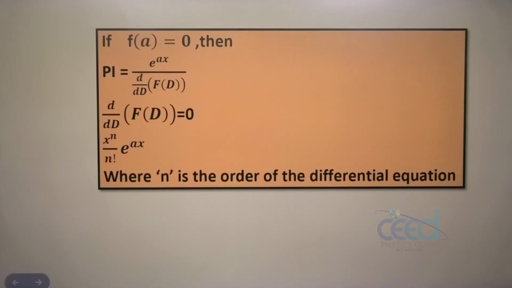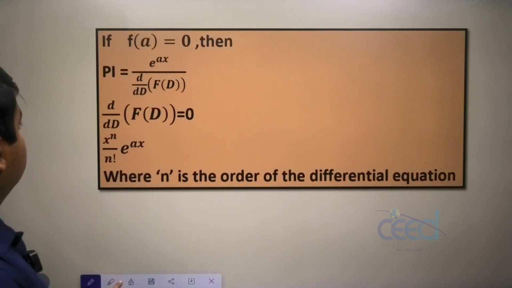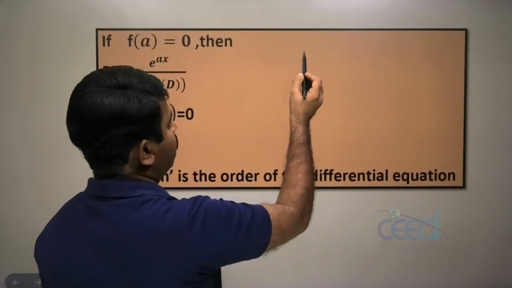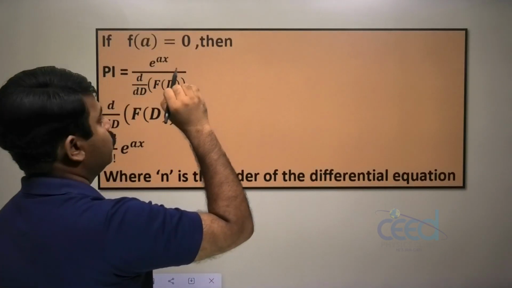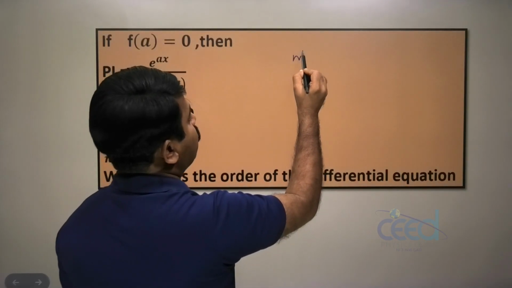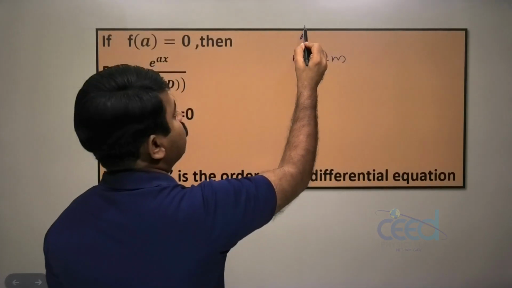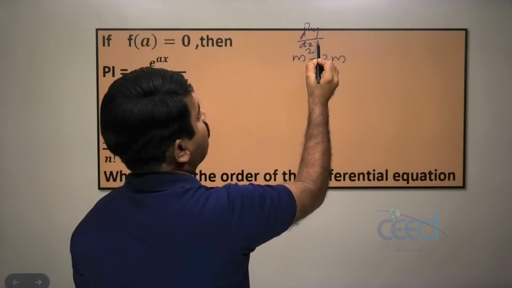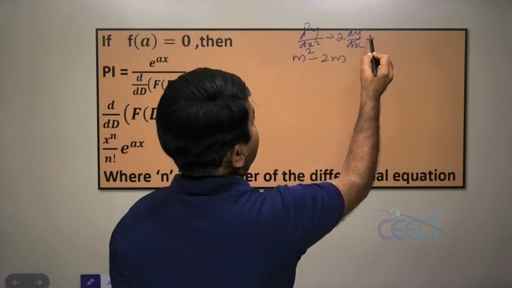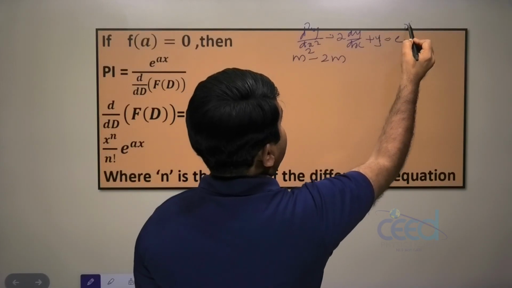another case. Suppose you are finding f of D, for example, the differential equation d square y by dx square minus 2 dy by dx plus y equal to e raised to x.